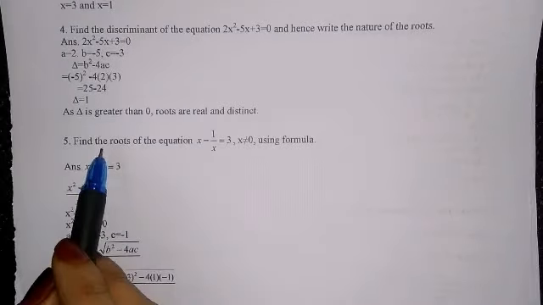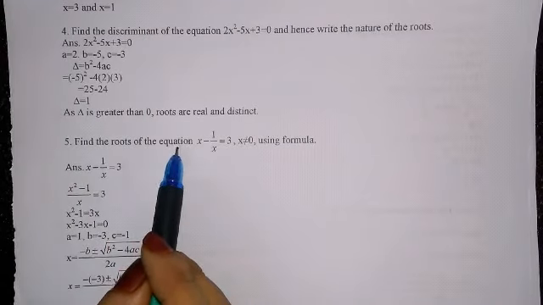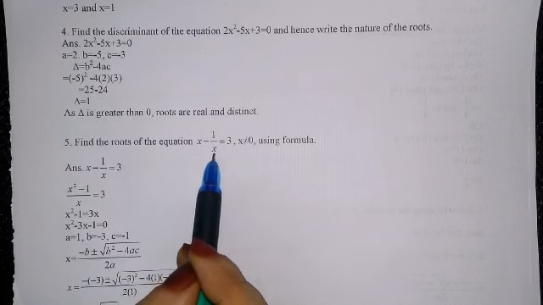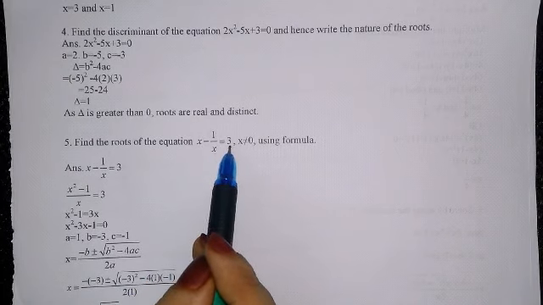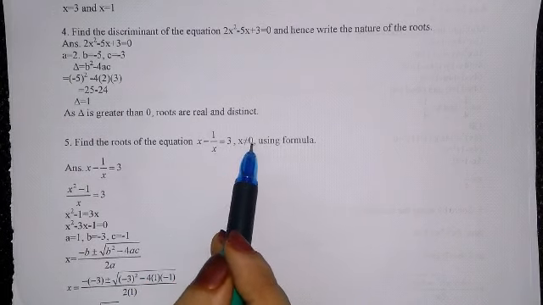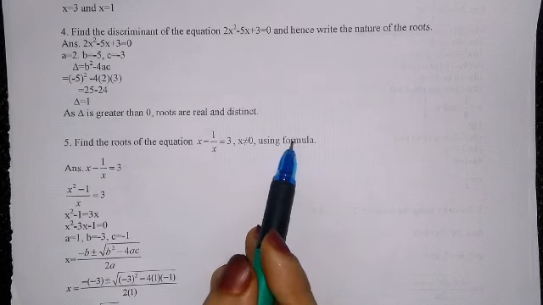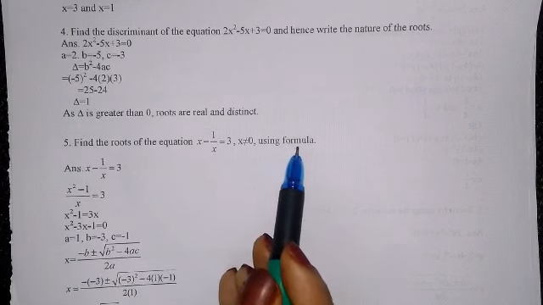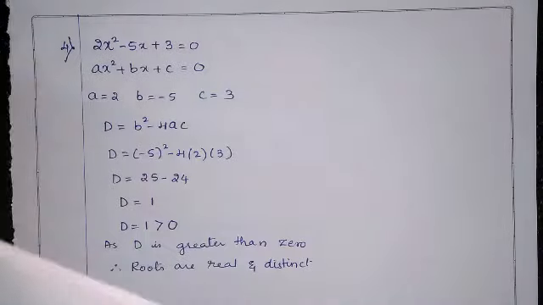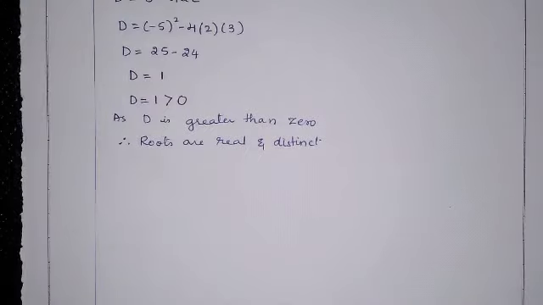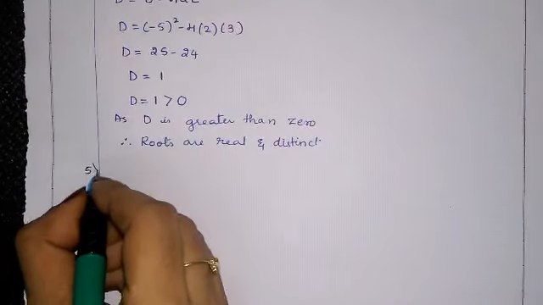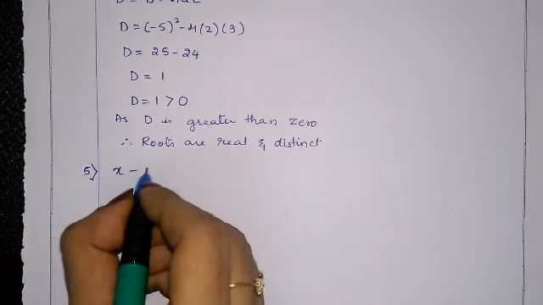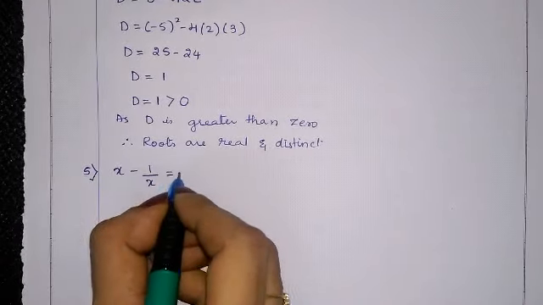Question is, find the roots of equation x minus 1 by x equal to 3 where x is not equal to 0 using formula. They have told we have to solve this by using formula. Okay, let me write the question first. Question number 5. X minus 1 by x equal to 3.